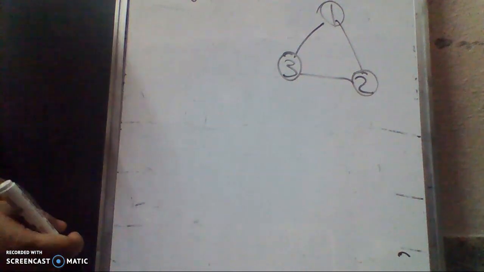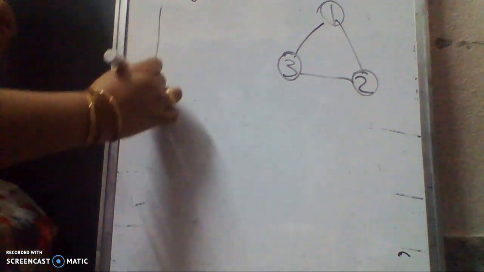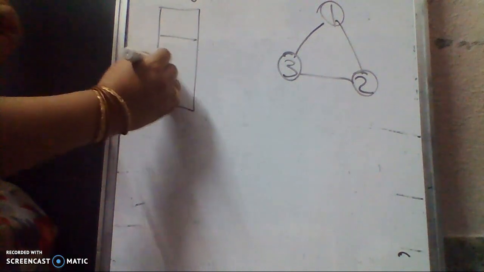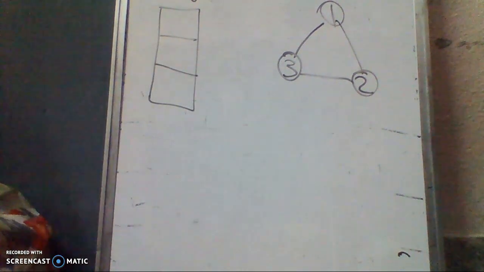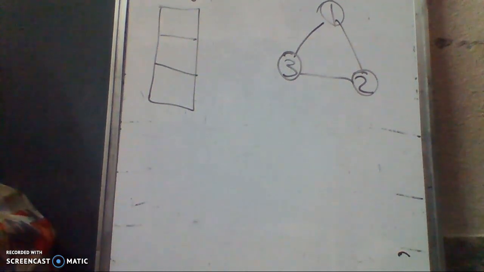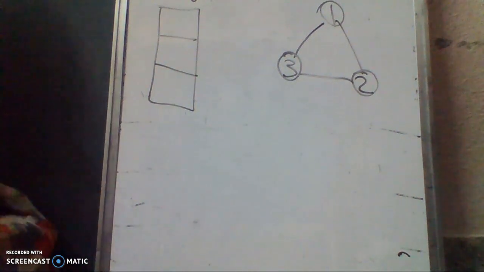It says that the adjacency values are created as a linked list. So for this, first we will create the three vertices as three nodes. For each vertex we have one linked list. So for this adjacency list we need to create an array of linked lists.